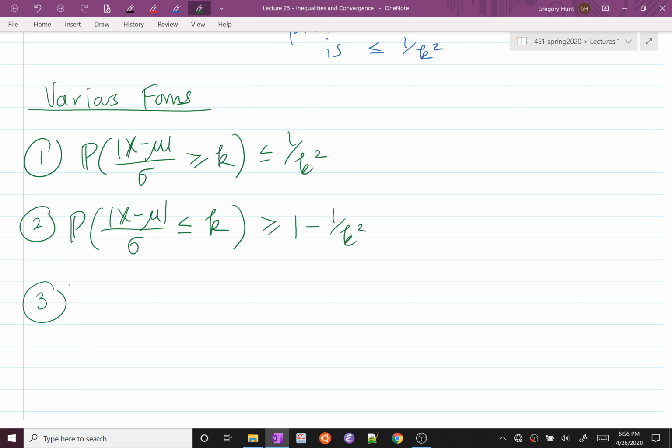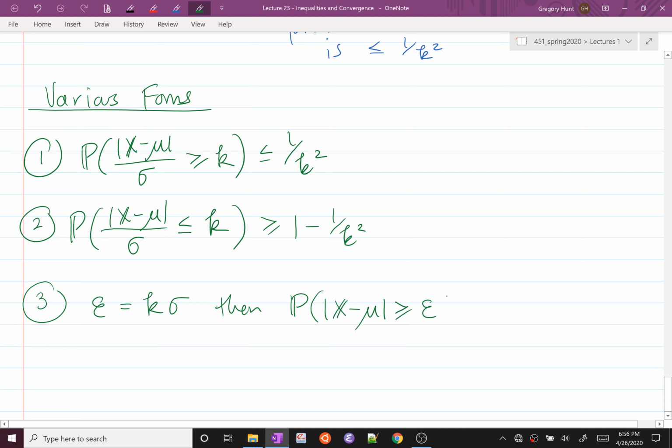I can define epsilon to be k times sigma, and so then Chebyshev's inequality would say that the probability that the absolute value of x minus mu is greater than or equal to epsilon is less than or equal to... So if epsilon is k sigma, then k is epsilon over sigma, and 1 over k squared is sigma squared over epsilon squared.